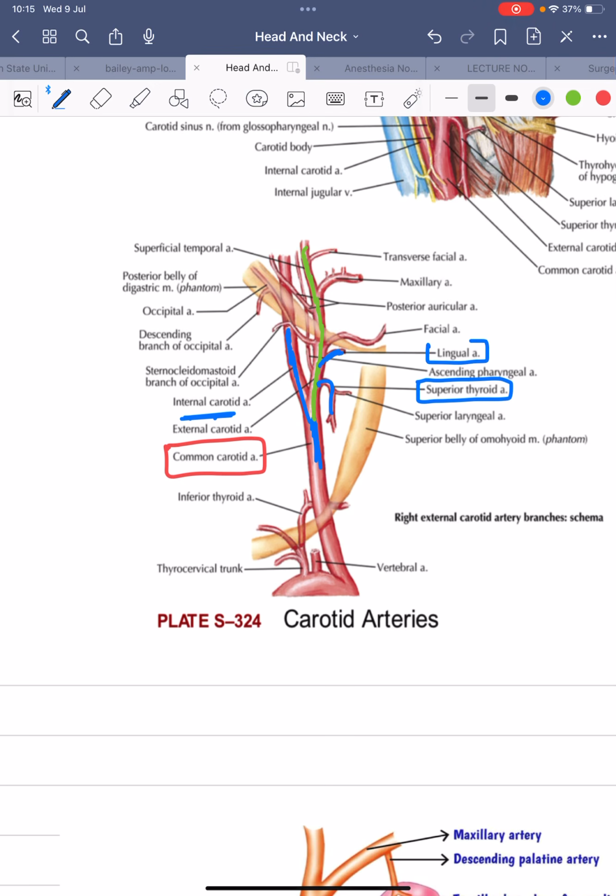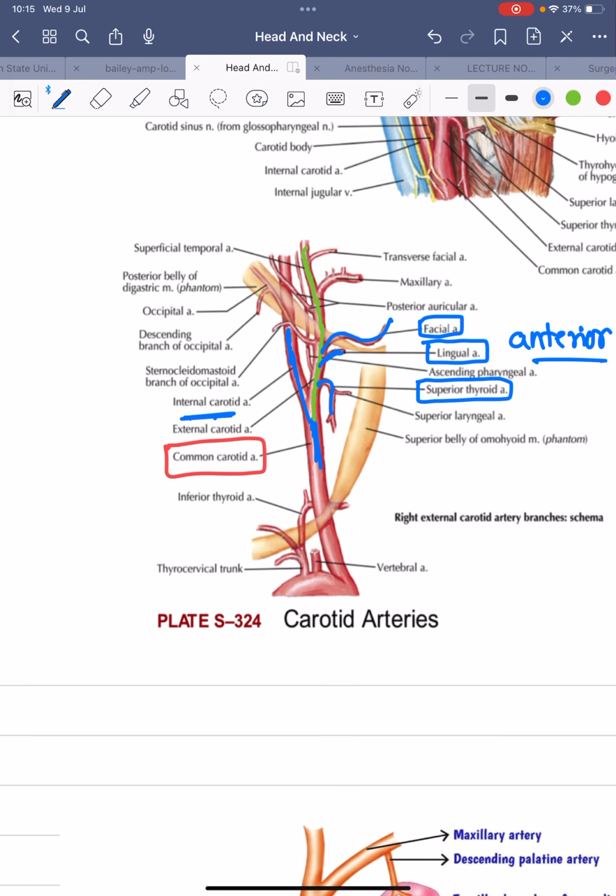The third branch, this one here, is the facial artery. So these three arteries come out anteriorly from the carotid artery. Now two arteries come out posteriorly from the carotid artery. See here, all students.